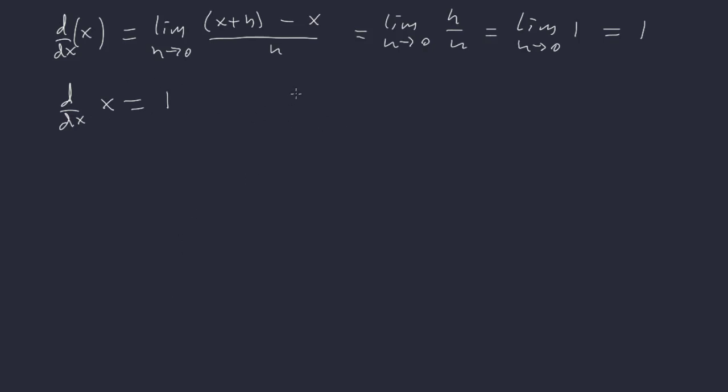This also means, based on what we've already seen, that, say, the derivative with respect to x of 2x is going to be 2 times 1, which is 2.